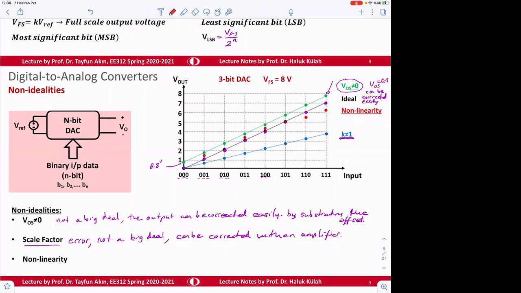If this is the input, output goes back to the correct one. But this one, it goes up, and then sometimes it goes down. So it goes up and down. It's called nonlinearity, and this is a big problem. Okay, it cannot be corrected.